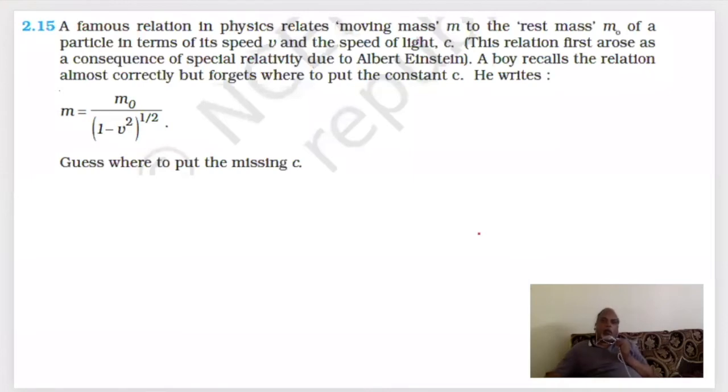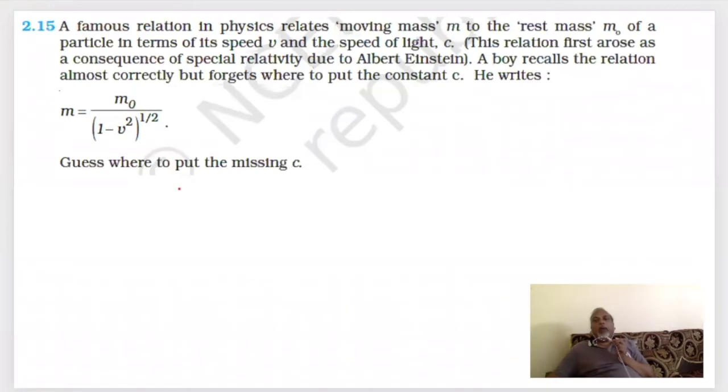Now let us see question number 15. It says a famous relation in physics relates the moving mass m to the rest mass m0 of a particle in terms of its speed v and the speed of light c. This relation first arose as a consequence of special relativity due to Albert Einstein.